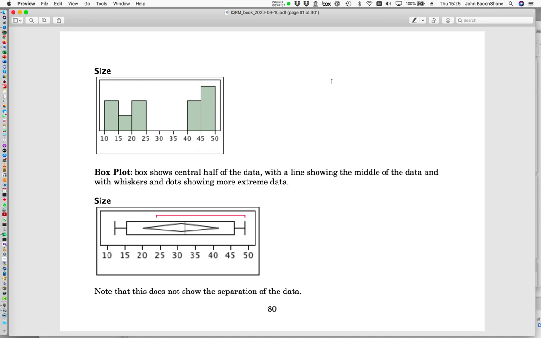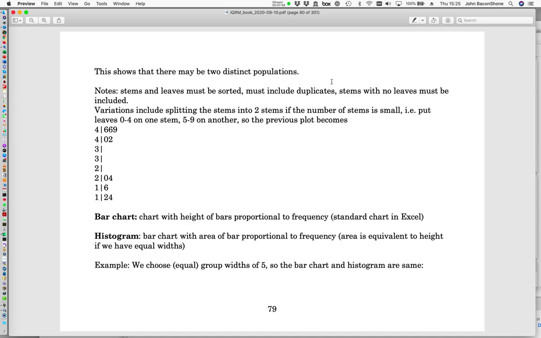So if you go back to the stem and leaf plot, do you notice anything odd about the digits in the leaves? Okay, can you see anything odd? You should notice that we have 0, 2, 4, 6, and 9, but we don't have any 1, 3, 5, 7, or 8.